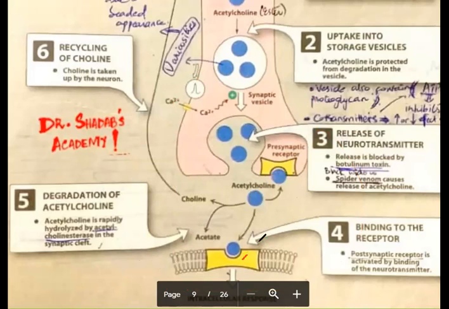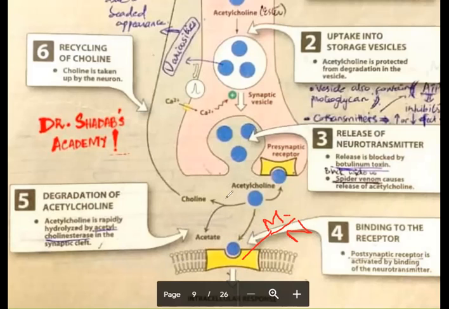Now this receptor can be any of the M, based on the location where it is present, any of the muscarinic ones, or it can be a nicotinic one, because we have only two types of cholinergic receptors that we studied yesterday, muscarinic and nicotinic. So this acetylcholine can bind to any of these two receptors.